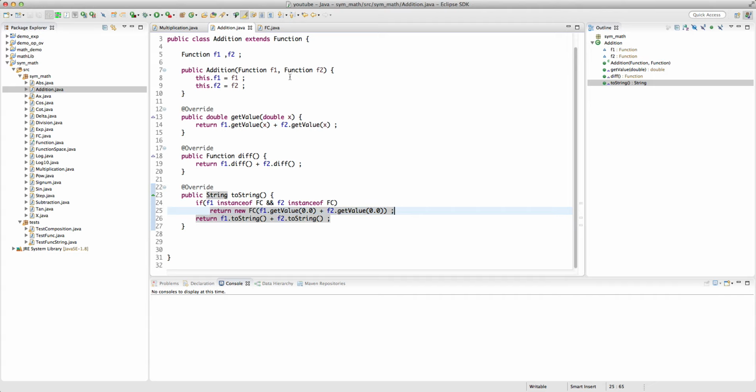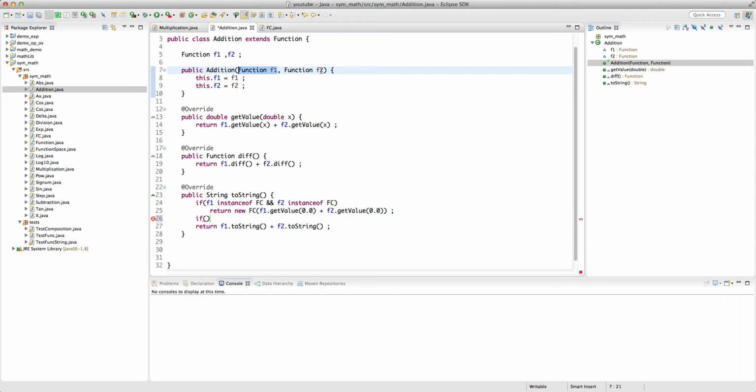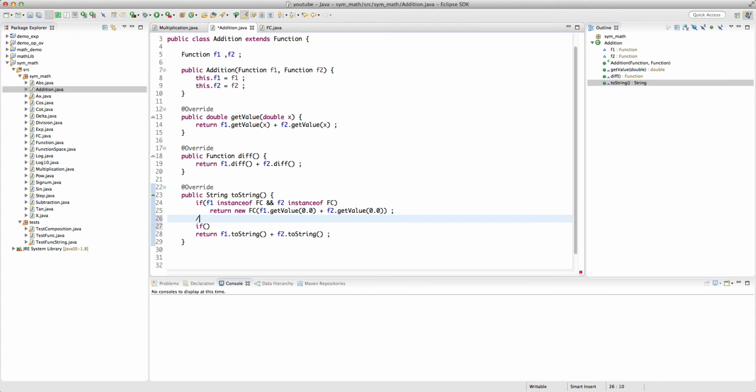Now what happens if one of them is a constant? That's fine. If f1 is a constant plus a function, we prefer to have the constant number on the right side. So we can also test for that. Basically, if we have 2 plus function, we want to convert it to f(x) plus 2. That makes more sense.